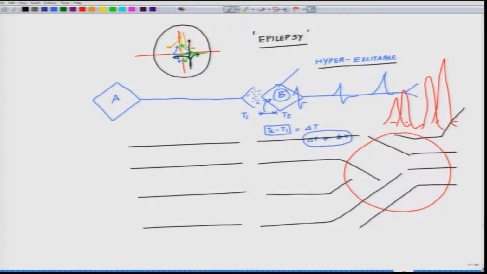And because of hyperexcitability, say for example, there is a network, now let us put neuronal shape into them, and this is how the signal is rolling. Now, say for example, let us pick up one of them. Let us say this particular neuron which I am boxing up becomes hyperexcitable.